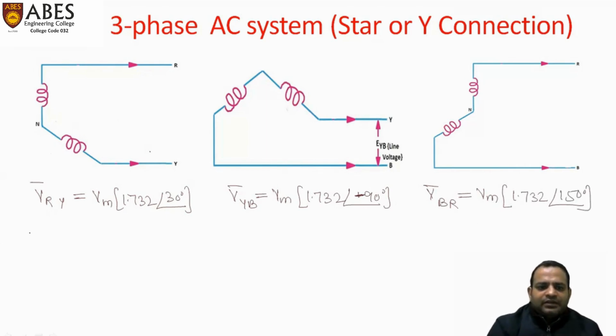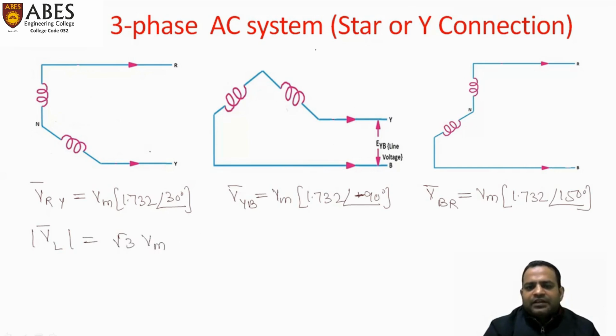If we take the magnitude of these line voltages, VL is root 3 times Vm. And initially, we took the three-phase vector Vp having magnitude Vm.